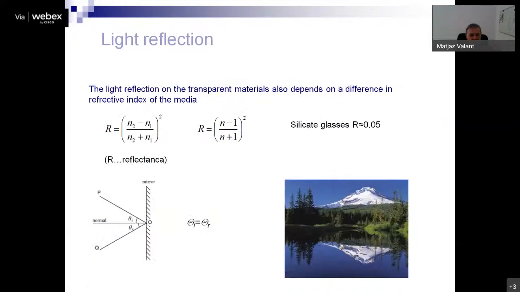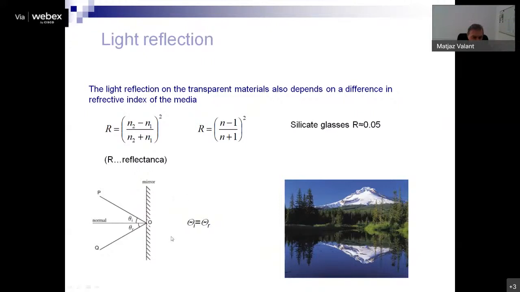Now, about light reflection. You see a nice picture here where this snow cap is reflected in the lake, on the surface of the water. The light reflection depends on the difference in refractive index of the media, according to this particular equation.